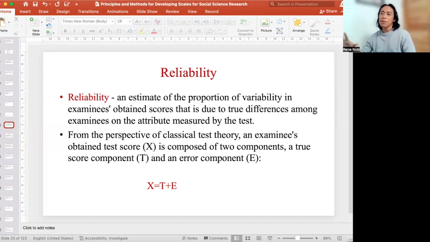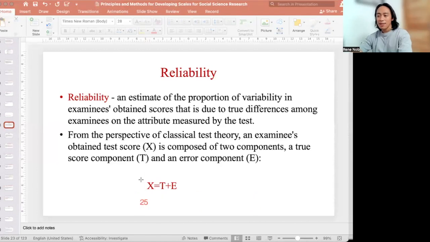Let's say, for example, that for most of the items, you strongly agreed. Because strongly agree has a higher numerical rating, your score will typically be higher. For the sake of an example, let's say that your score is 25. So X represents score, X is 25.